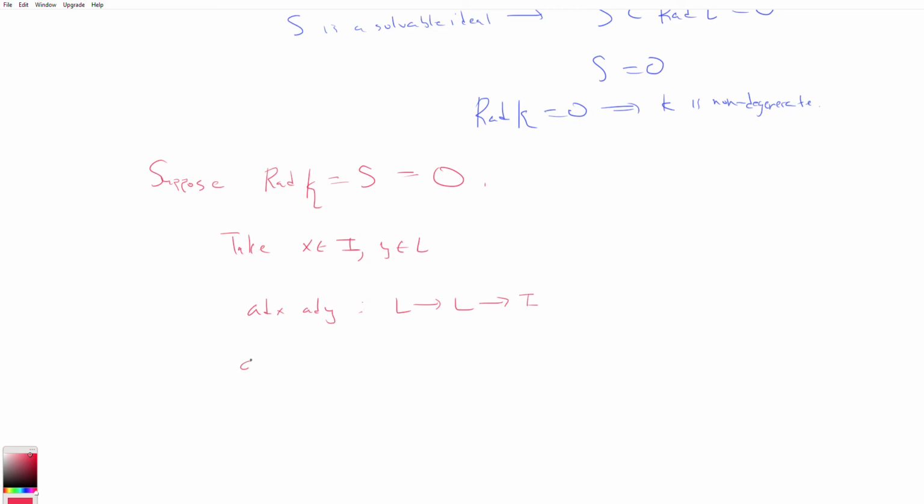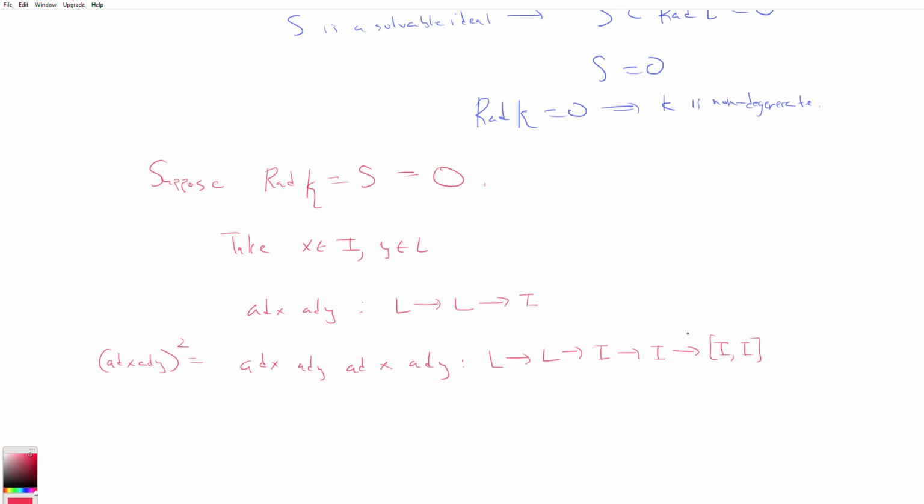And so that means the operator ad x, ad y, ad x, ad y, which is equal to ad x ad y squared, is a map from L into I. And now since this is an ideal, when you take ad y acting on this, it's going to send it to I. And then when ad x acts on I, it's going to send it into I bracket I, right?